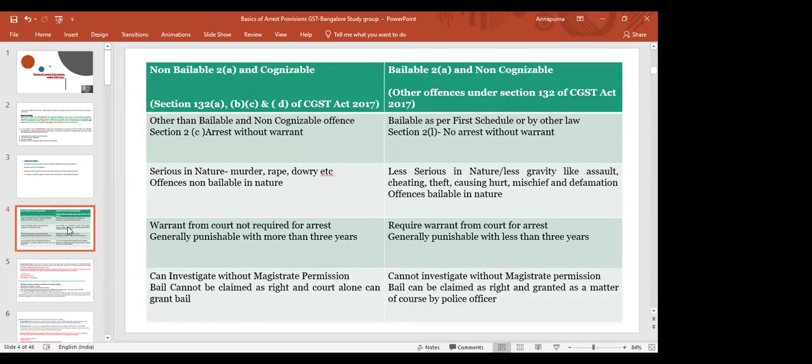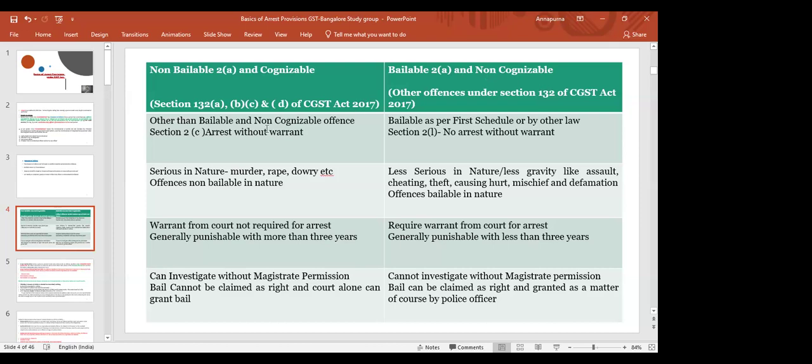The next is, before understanding this arrest provision, I think most of us know what is a bailable and non-bailable offense. But in simple terms, non-bailable is read along with cognizable offense, and bailable and non-cognizable are the offenses which are generally read together when we are looking into sections 132 and 69 of the GST Act.